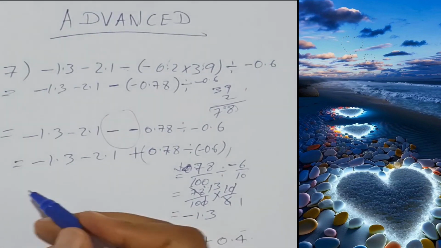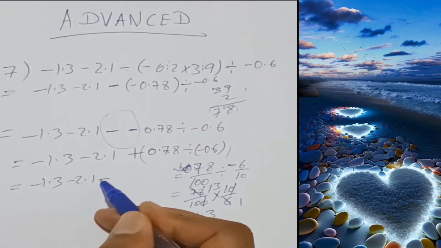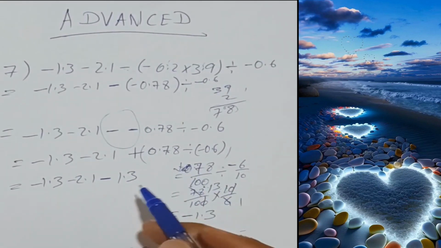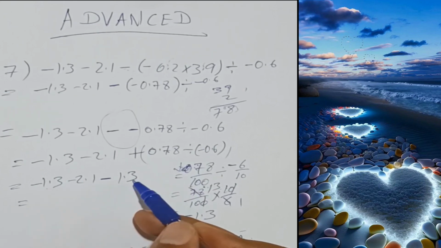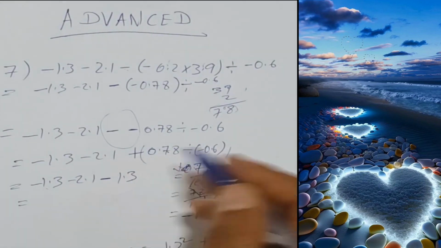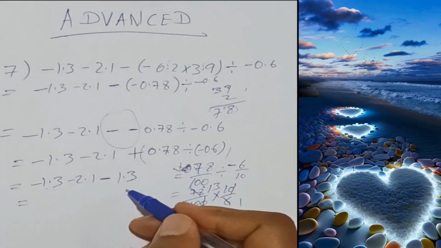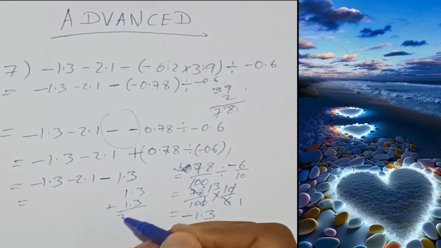Excellent. So what do we do next? Negative 1.3 minus 2.1 minus 1.3 here. So we add them, and then we put a negative sign. So 1.3 plus 1.3 is 2.6.